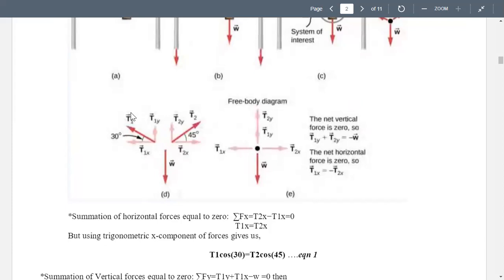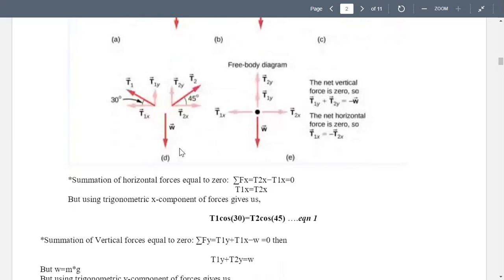As you can see here, your first cable has tension labeled T1, with components: vertical component T1y and horizontal component T1x. And if we consider the second cable, it has T2x as the horizontal component and T2y as the vertical component.